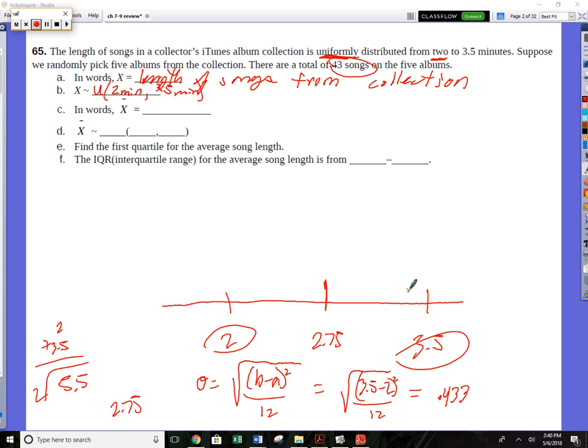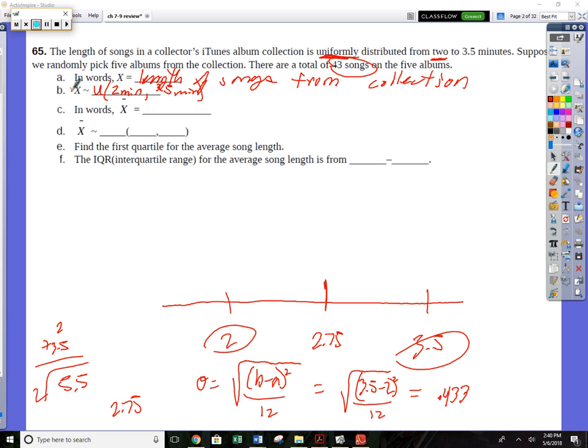Could be 2 minutes 5 seconds. Could be 3 minutes and 10 seconds. Who knows? It could be any of these numbers. Okay, so we've already got the distribution set up. Now in words, what is X bar? There is a huge difference between X, the random variable from that distribution, and X bar.